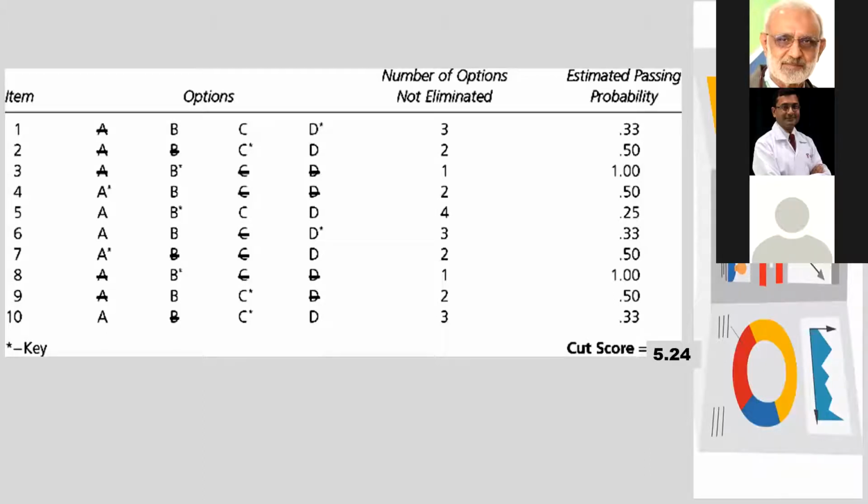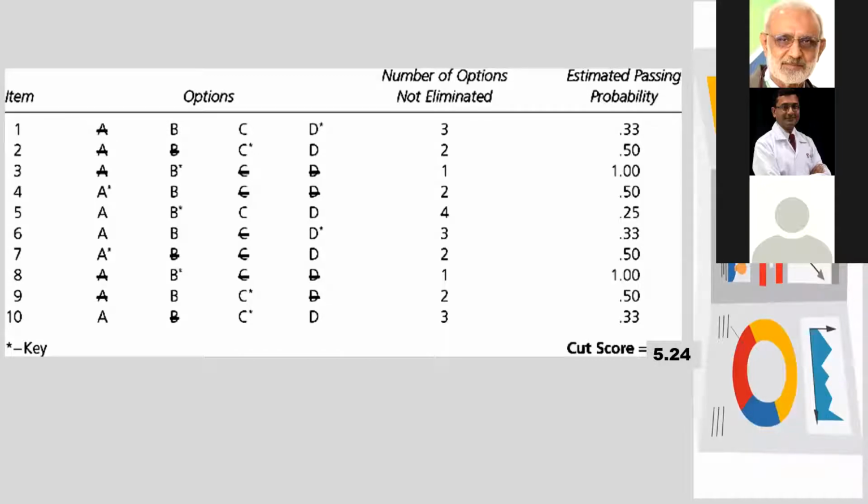So if we look at item 1, the SMEs decide that the minimally competent candidate would be able to identify correctly A as a distractor, and then the candidate has to choose 1 out of the 3 left. Therefore, the estimated passing probability would be 0.33.